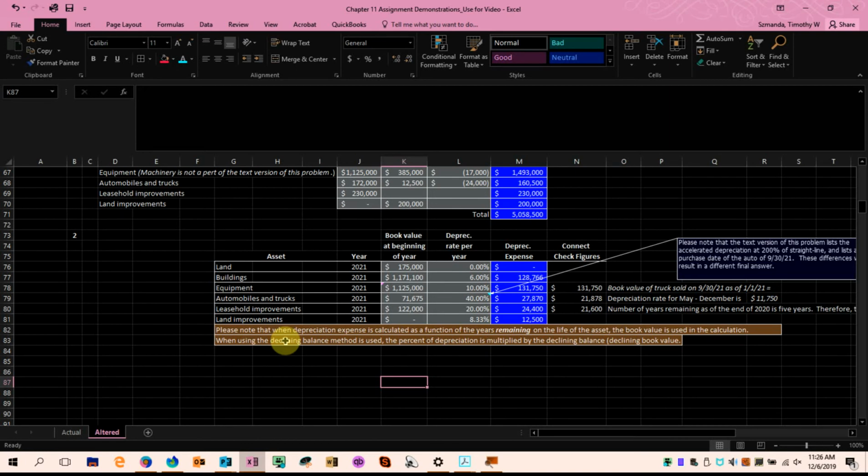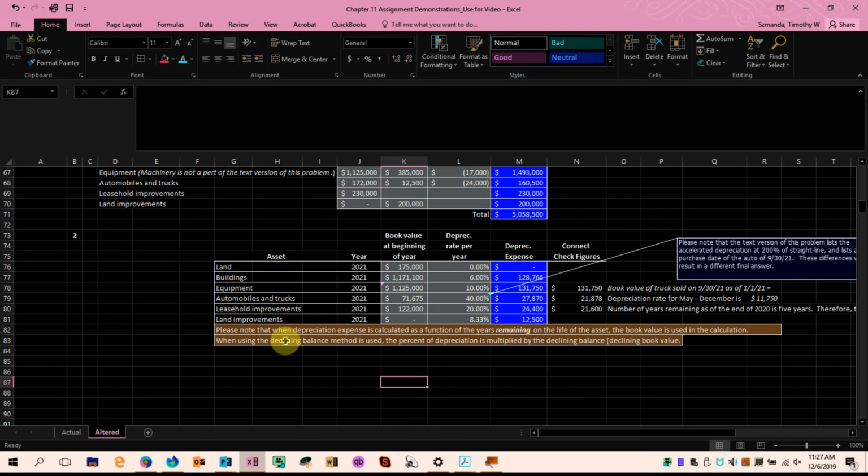That is, cost less accumulated depreciation. However, if you're just repeating a previous calculation like in straight line, then you would take the cost of the asset and then divide it by the number of years total of its life. So essentially you'd be repeating the same journal entry every year under straight line.